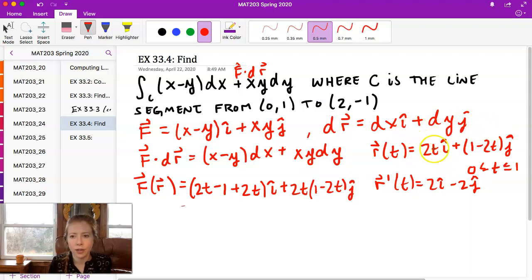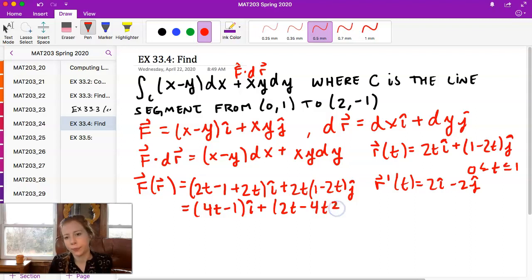So just plugging our x equals 2t in for x, and our y equals 1 minus 2t in for y is all we did there. And so we could simplify this a little bit, and we end up with (4t minus 1) i hat plus (2t minus 4t squared) j hat.